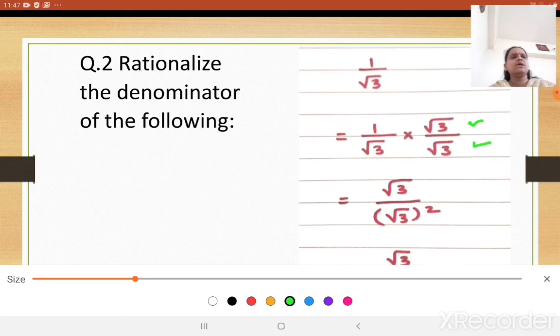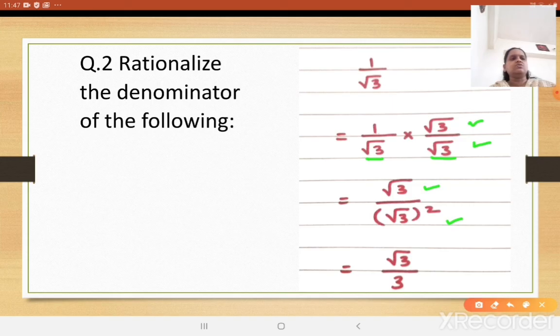So what will you get? 1 into root 3 as root 3 as the numerator, but root 3 into root 3 is what? Root 3 square. So what is the root 3 square value? It is nothing but 3. So you got the final answer as root 3 upon 3. Correct? So we got the denominator as a rational number. Is it clear? Yes. Let us revise a few more sums.